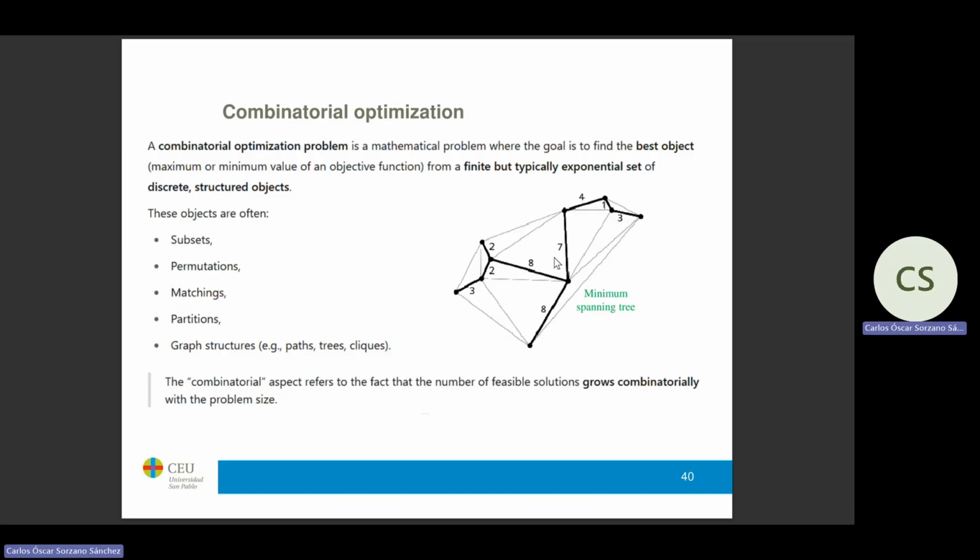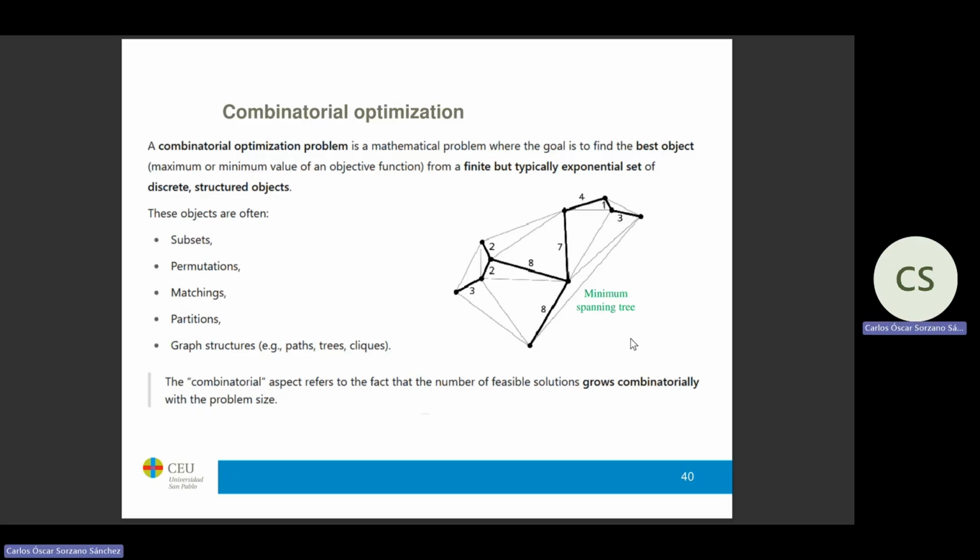So here I'm just highlighting the cost of the edges selected, but you can imagine you have to compute all possible subgraphs or paths in this graph that go over all nodes. That particular problem is called the minimum spanning tree. So it's a tree.